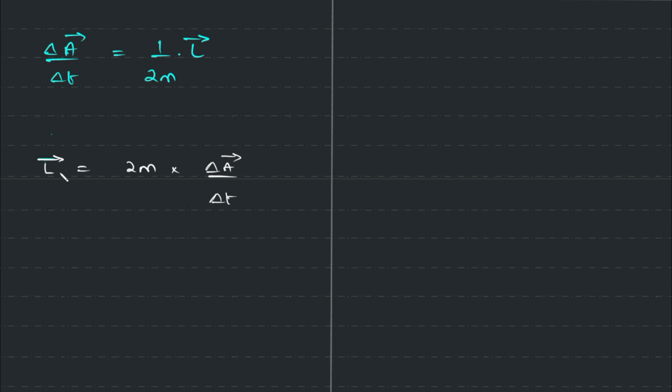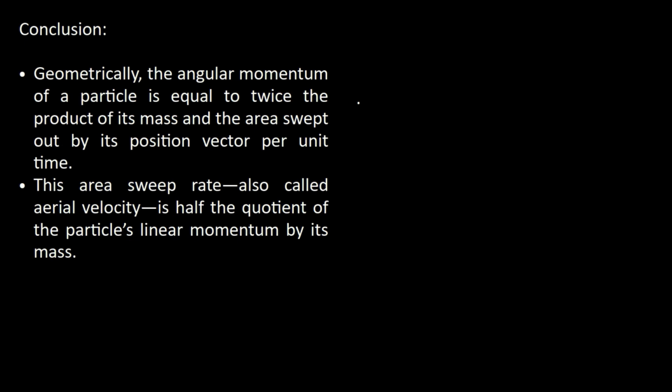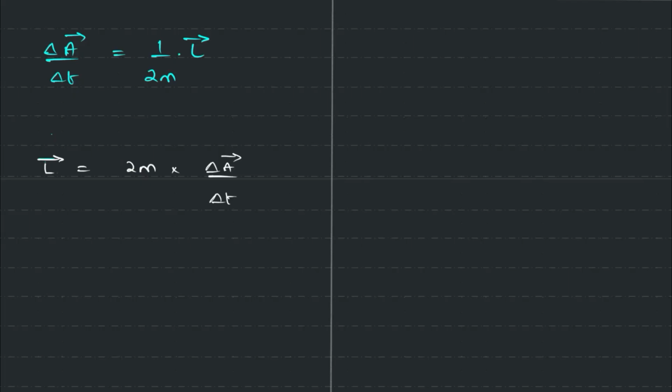It looks like tau. That's L, by the way. So this is what I'm talking about over here. This area sweeping rate, also known as areal velocity, is half the quotient of the particle's linear momentum by its mass. So I'm just restating whatever the math is coming out here.